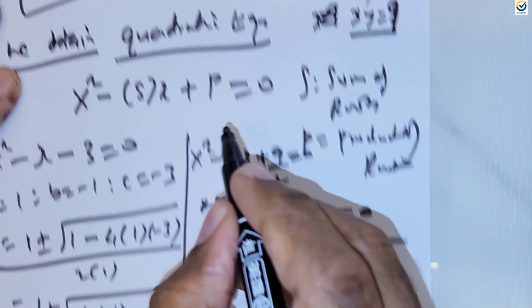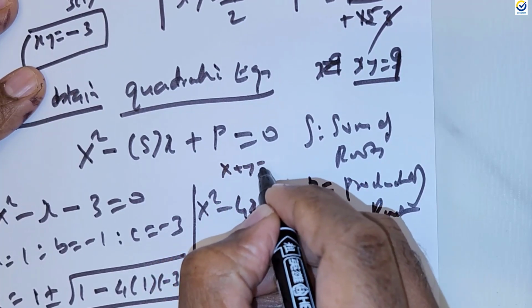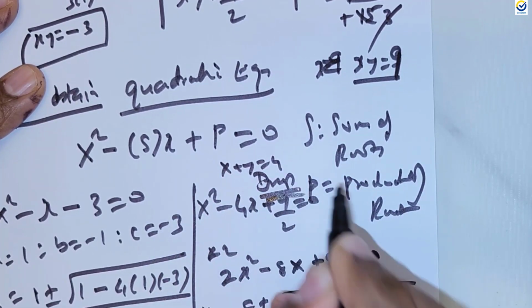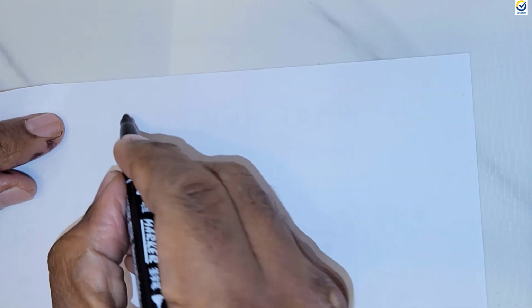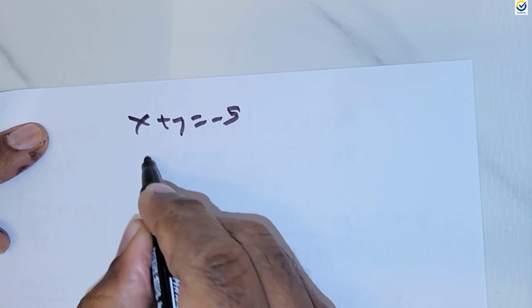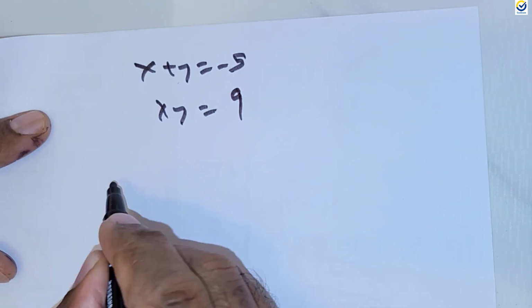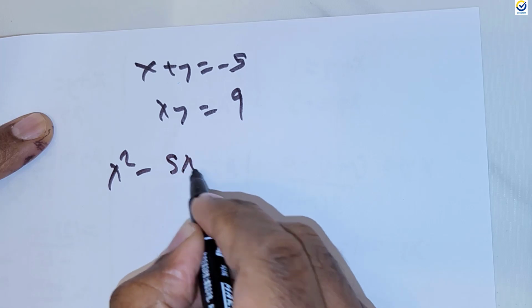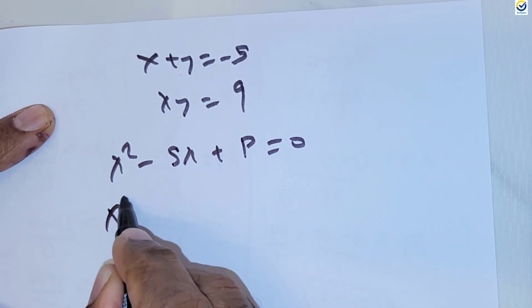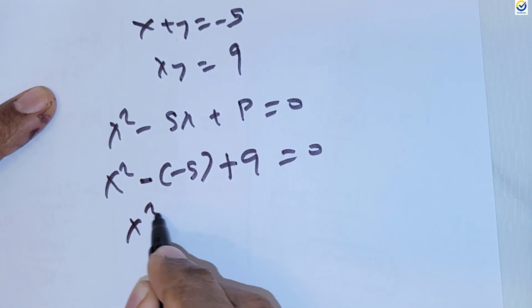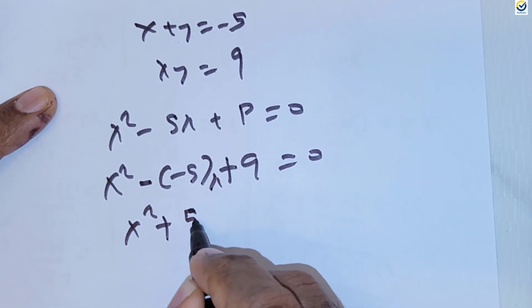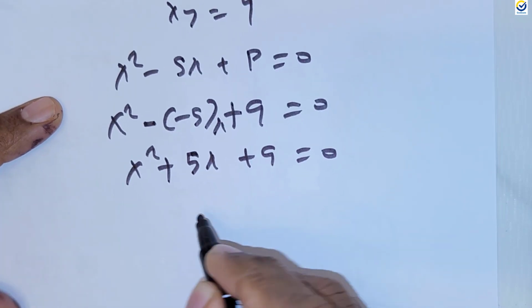So we need to drop this: x plus y is equal to 4. Okay, so now let me go to the next one. x plus y is equal to -5 and xy is equal to 9. We need to check this one. So x squared minus s times x plus p is equal to 0. So this is x squared minus (-5) x plus 9 is equal to 0, so x squared plus 5x plus 9 is equal to 0.